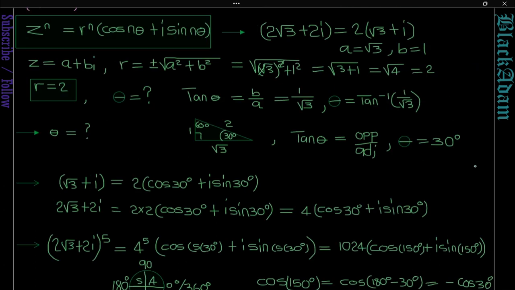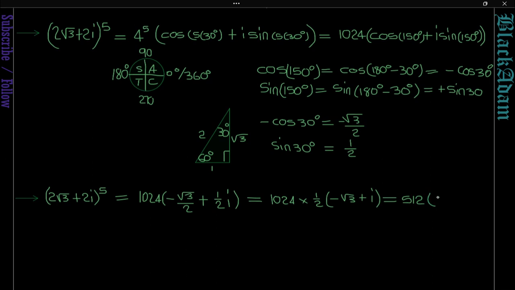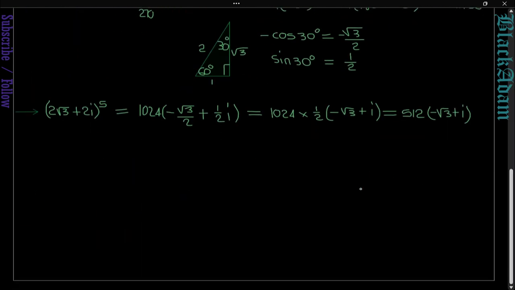We factor half from the bracket, so it's half of negative root 3 plus i. 1024 multiplied by half gives us 512, and then bracket negative root 3 plus i. That's our answer, so it's 512 times negative root 3 plus i.